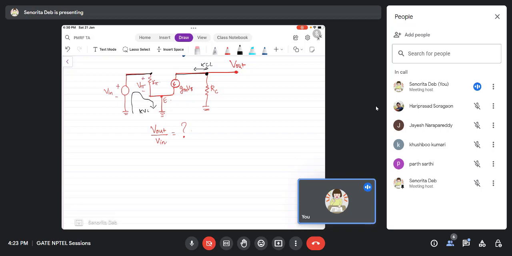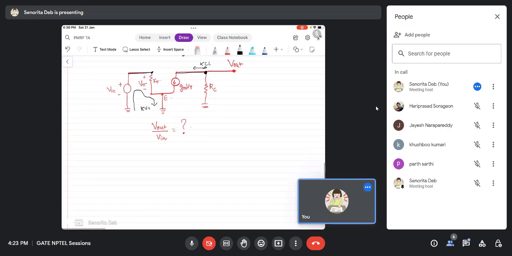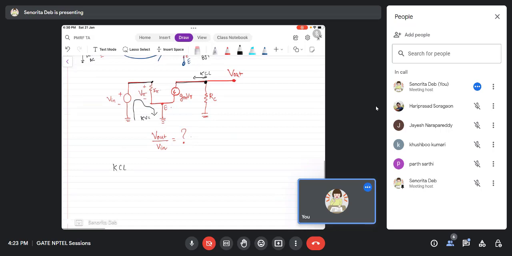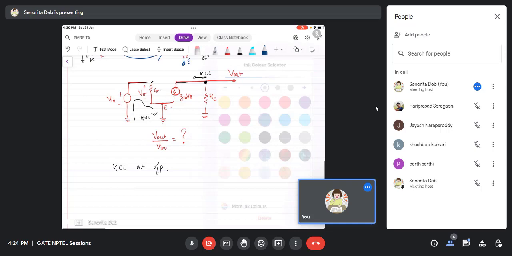Okay. So now what is KCL at the output? So KCL at output, what will it give? V out by RC, take all the currents to be outwards.